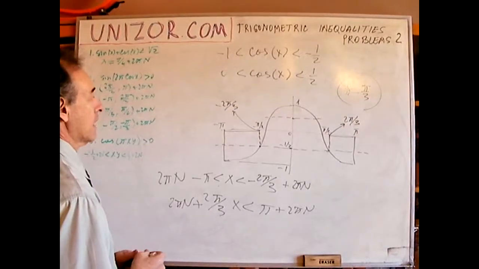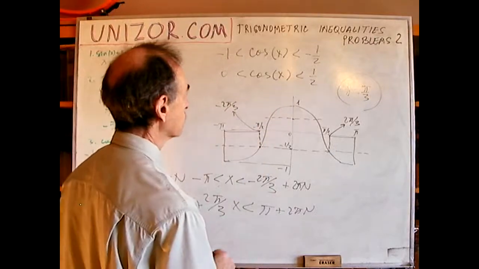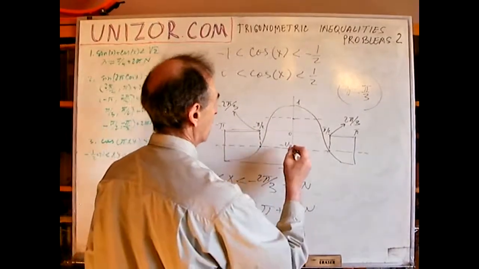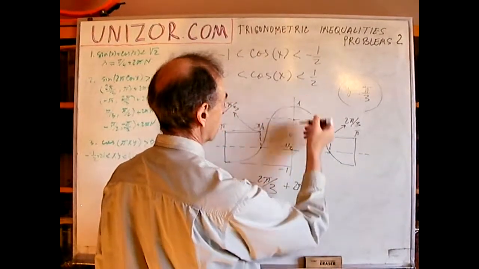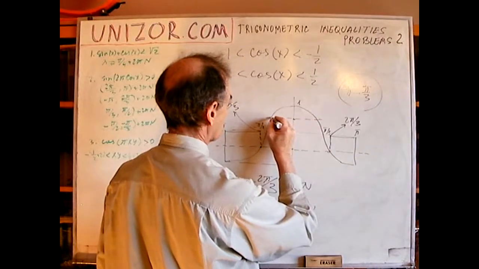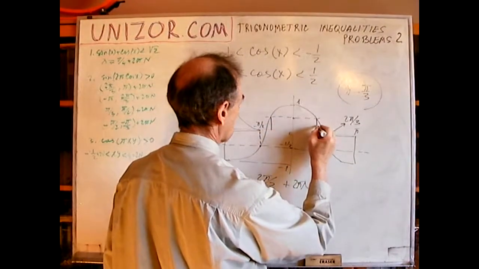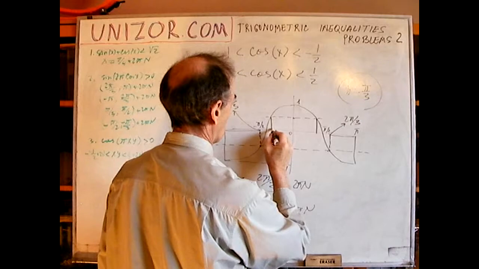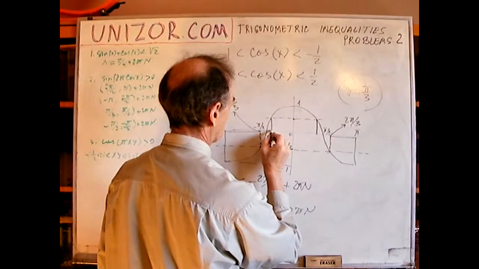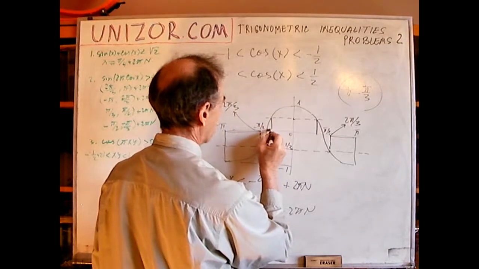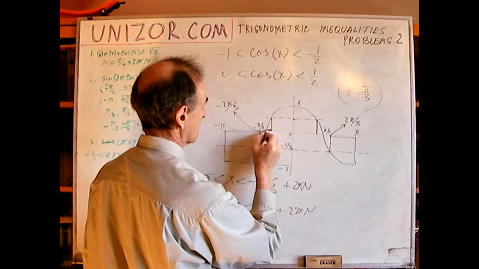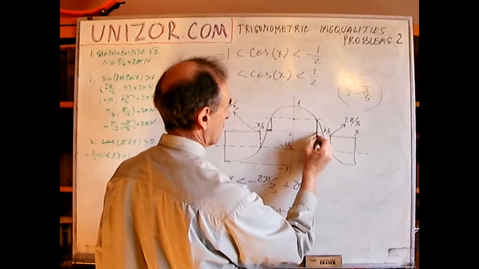Okay, now solutions to the second one, from 0 to 1/2. From 0 to 1/2, it's this piece and this piece.